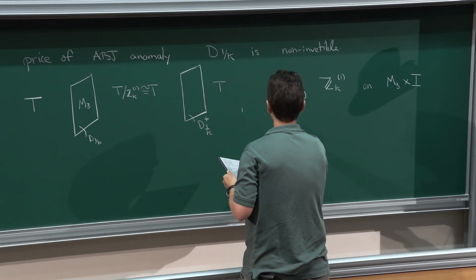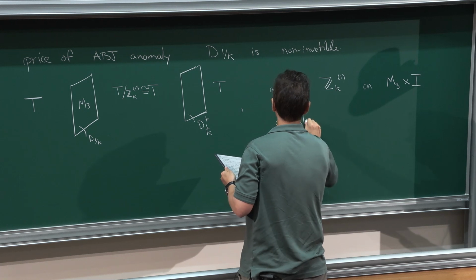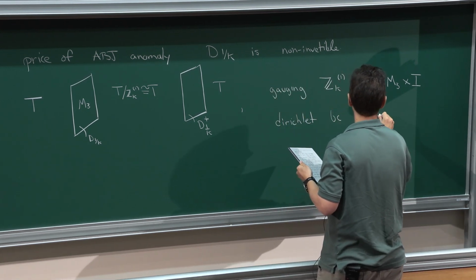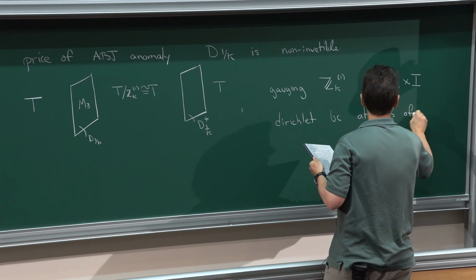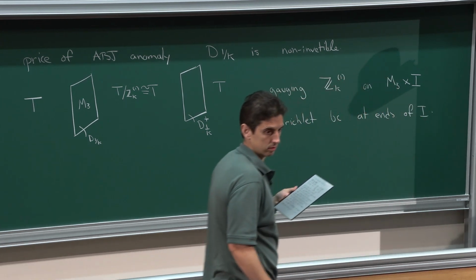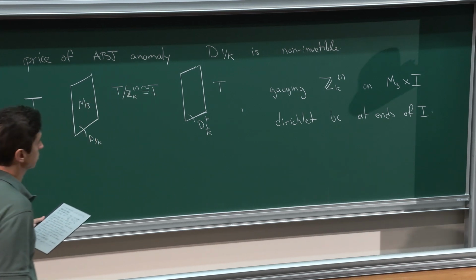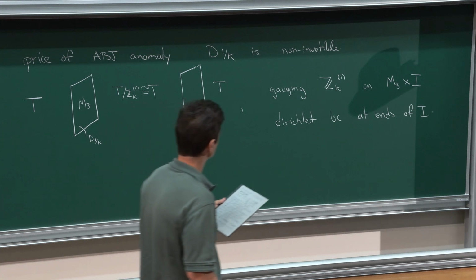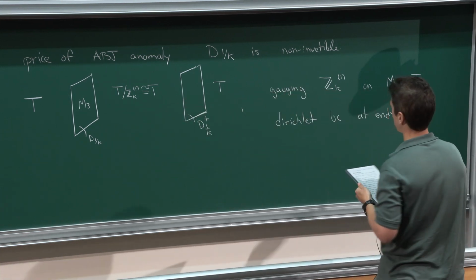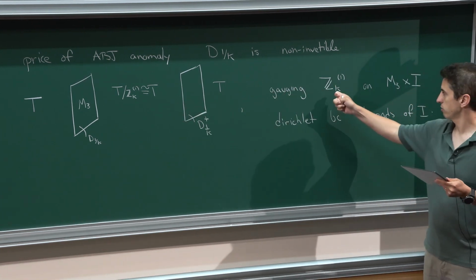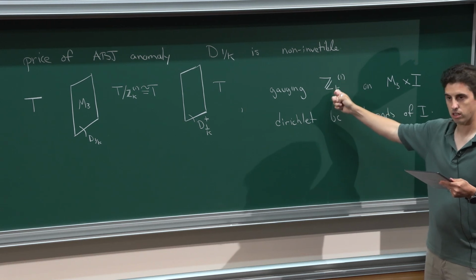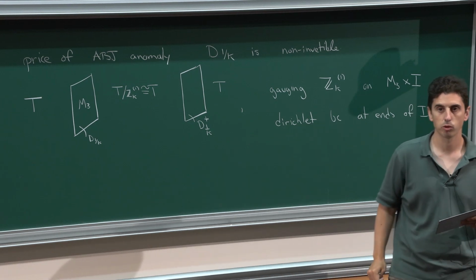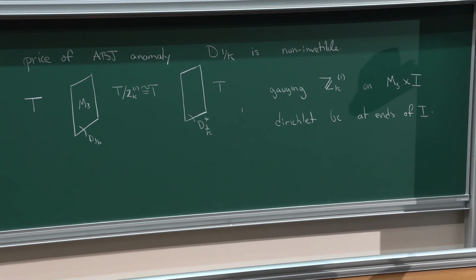And we know that there are Dirichlet boundary conditions at the ends of this interval. That's what we know. So basically, we need to learn how to compute this kind of partition function, a partition function of a discrete two-form gauge theory, Z_K gauge theory, with Dirichlet boundary conditions. We need to know what the formula is for that. And we need to interpret it a little bit.